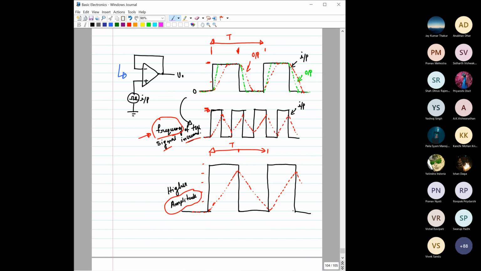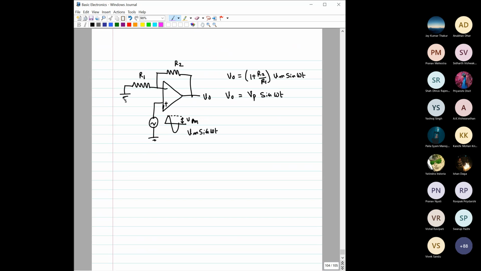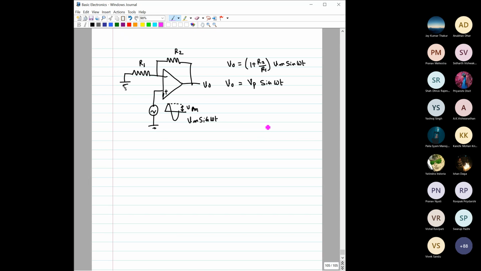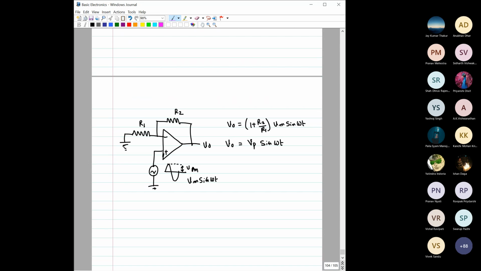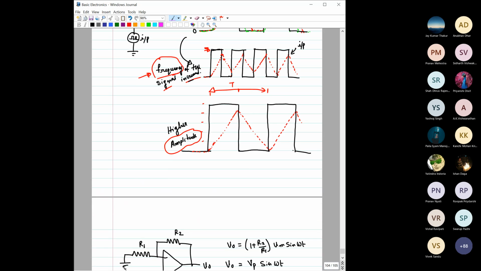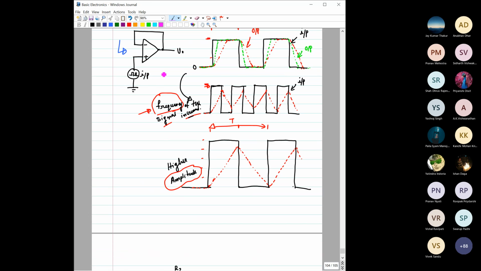Right. Then, here we have to find some relation: this slew rate or the distortion is dependent on the frequency of the signal. At the same time, it is also dependent on the amplitude of the signal. Right.